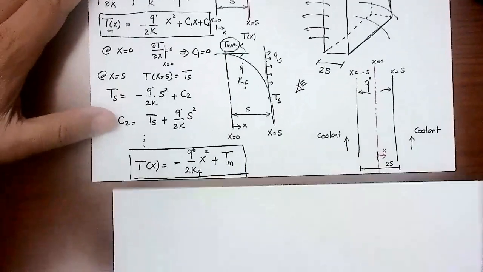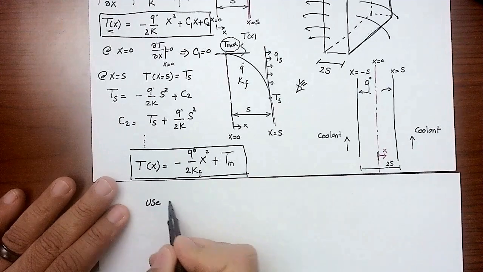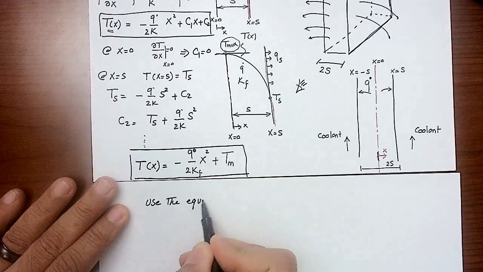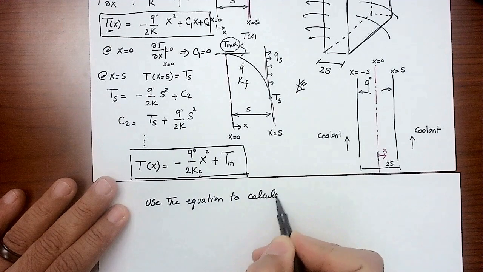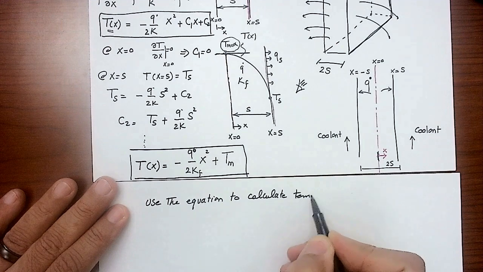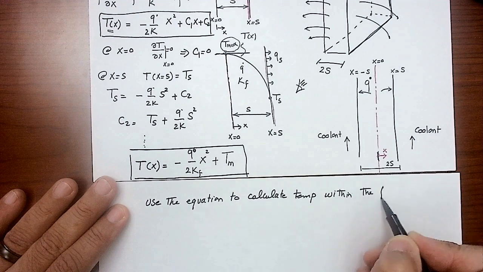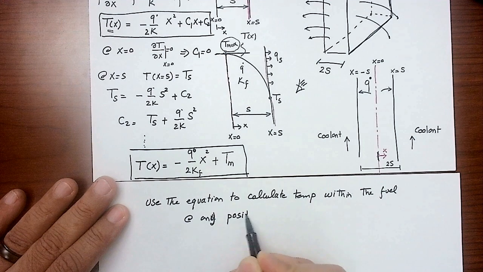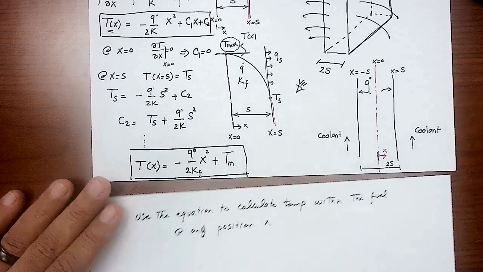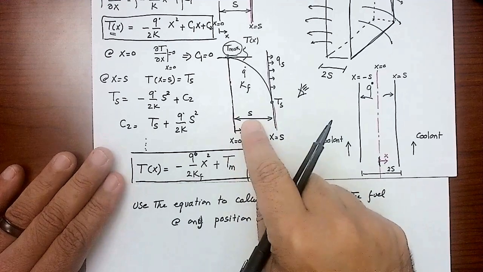So the first use of this equation, you can use this equation to calculate temperature within the fuel at any position X. Okay, so if I told you that thickness is 10 millimeter, what is the temperature 2 millimeter from the center line of the fuel?